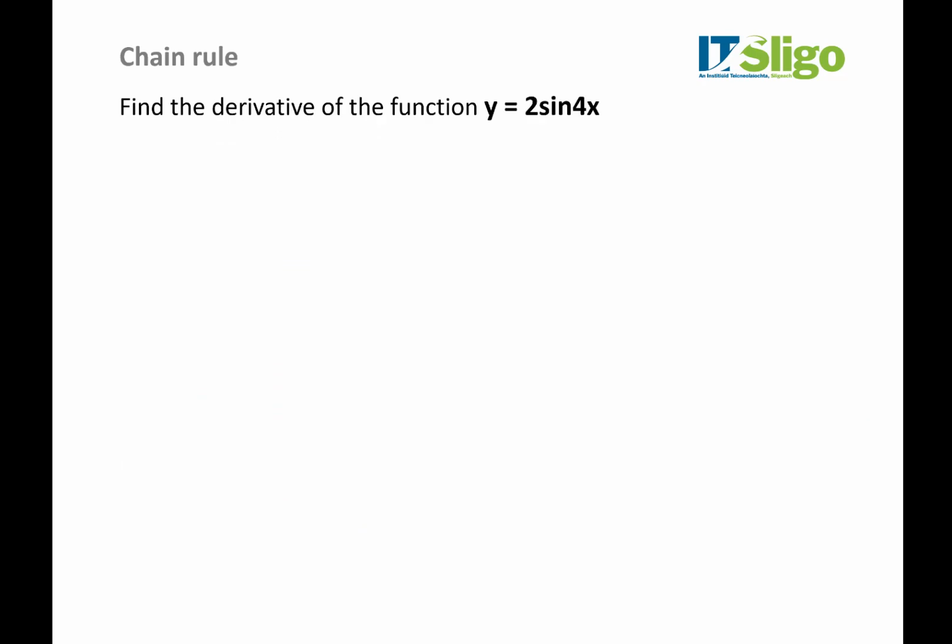Here's another example. Find the derivative of this function. Well, I hope you can see there's the function in x. And then here's the outer function. So step 1, identify the function in x. We write it in blue. There it is.